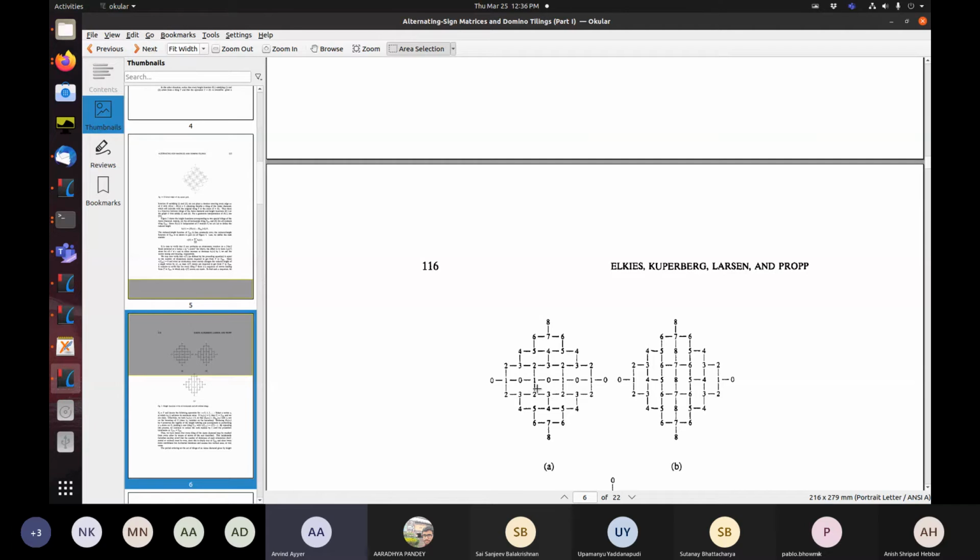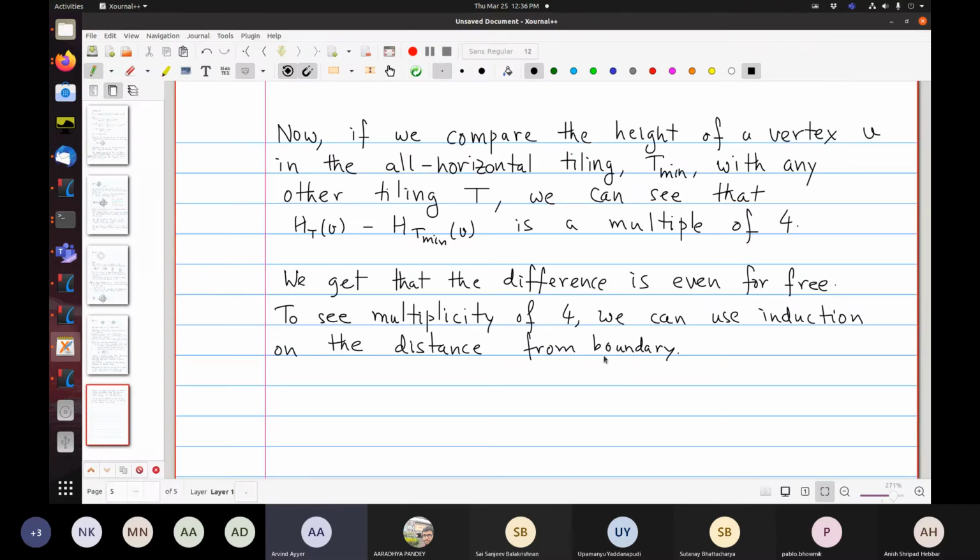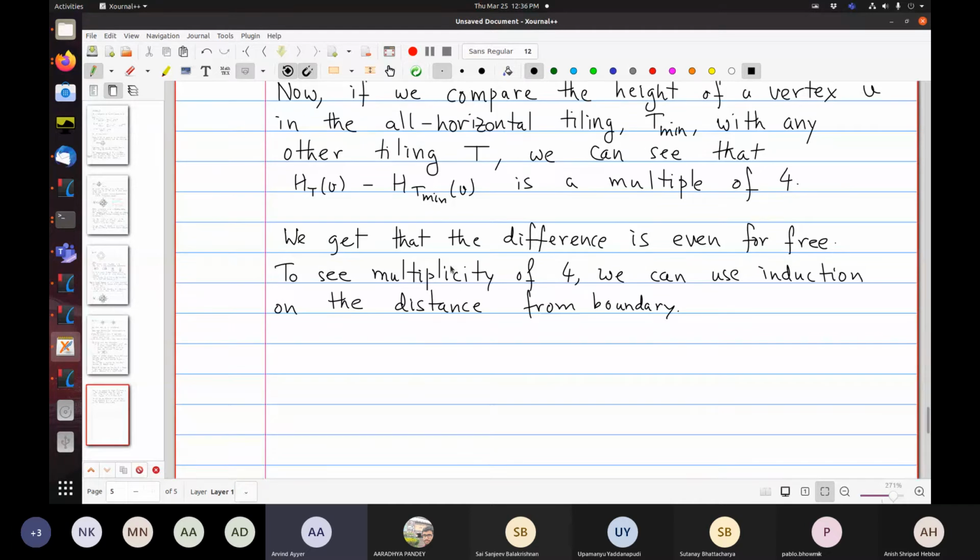So for any tiling, you will find that the height at any vertex differs by a multiple of 4 from that of any other tiling. In particular, if you took the all horizontal tiling, you would still get a difference. There's a reason we are specializing to the all horizontal tiling, and you'll see that also. That's related to why it's called T-min.